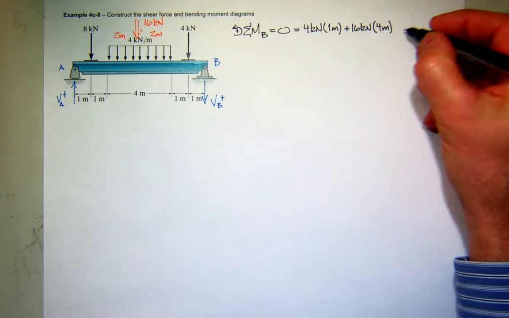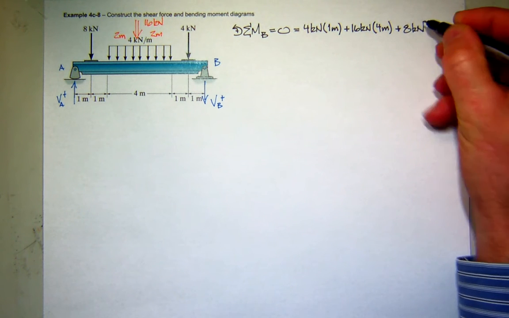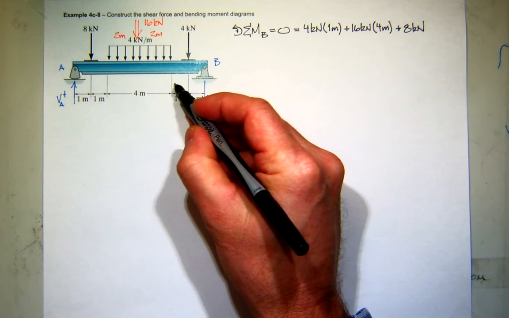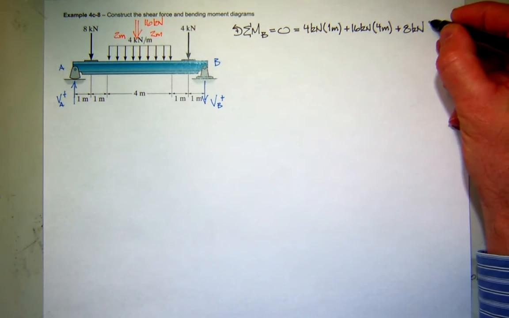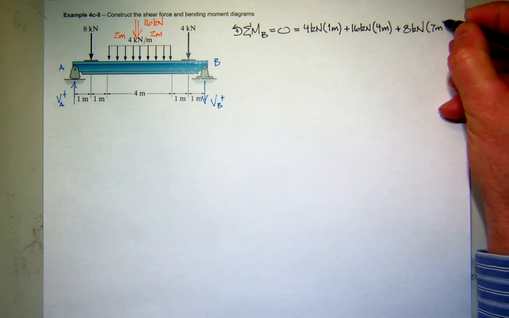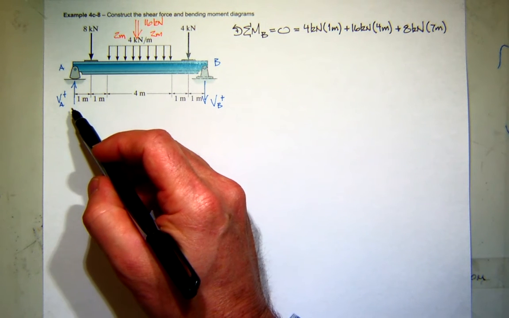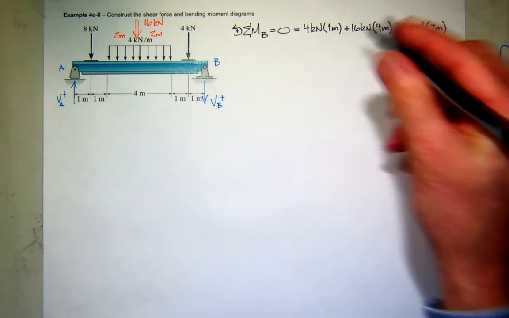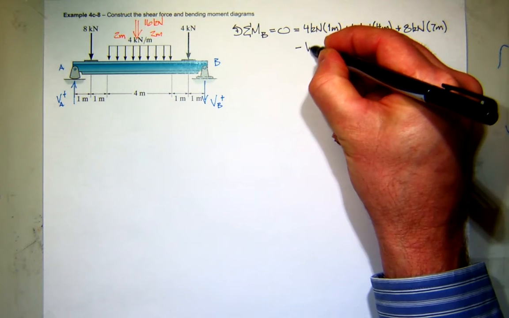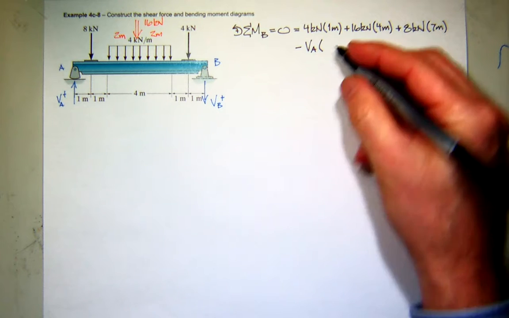Then the 8 kilonewton force, also positive, and that's going to be 1 plus 1 is 2, plus 4 is 6, plus 1 is 7. So that takes care of all the loading, and then I have the positive shear at A, which about B creates negative. So that'll give me negative the shear at A, and its moment arm is 8.